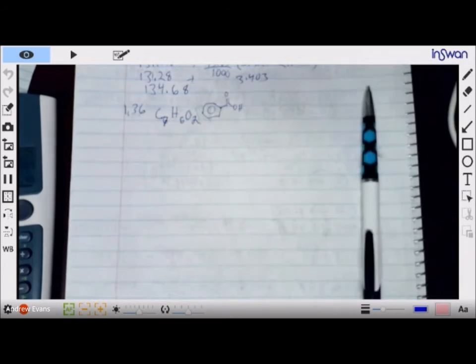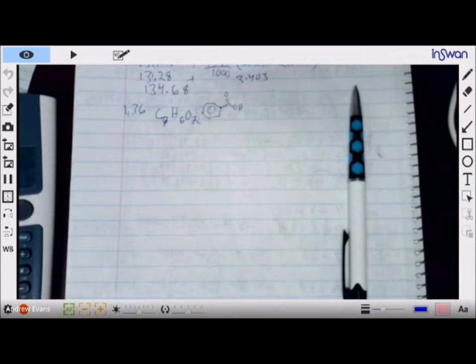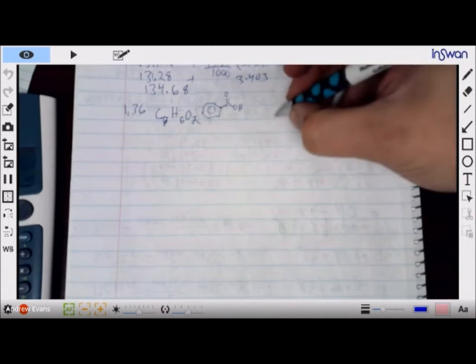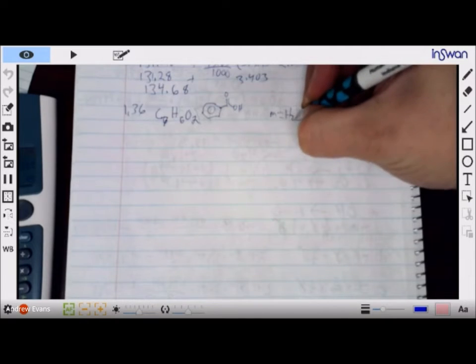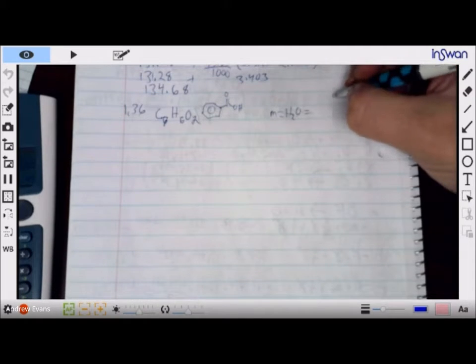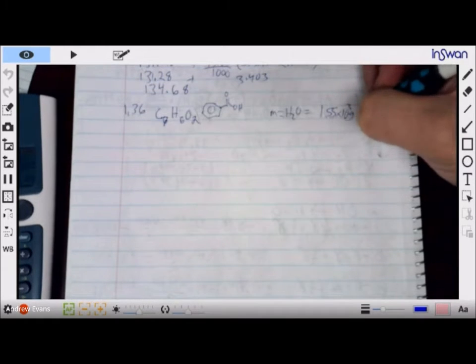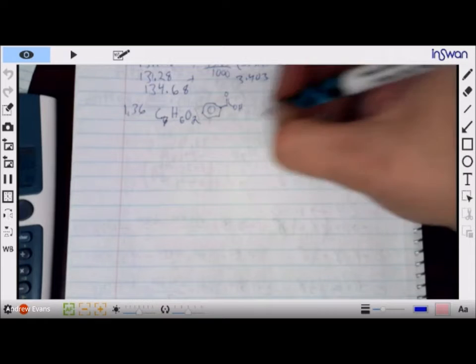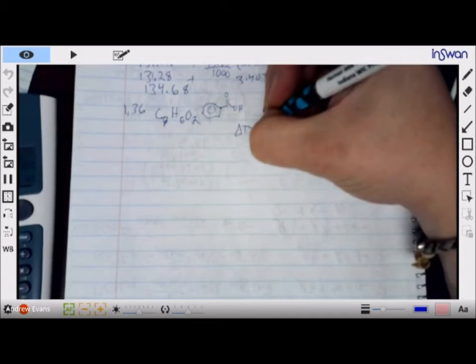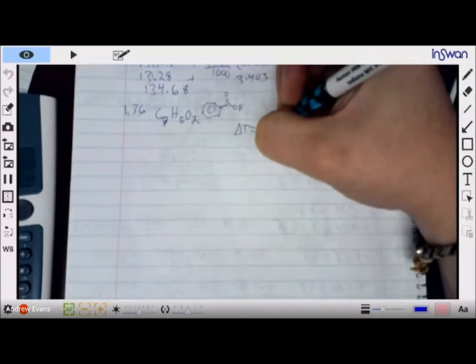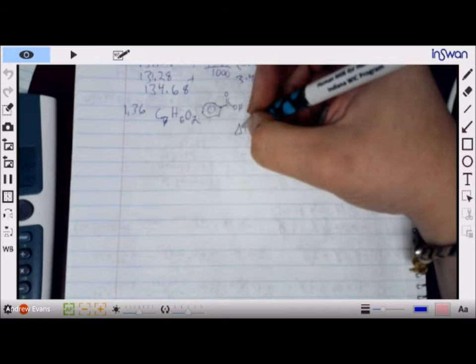Benzoic acid, C7H6O2, is reacted with oxygen in a constant volume calorimeter to form water, liquid, and CO2 gas at 298 Kelvin. The mass of water in the inner bath is 1.55 times 10 to the third grams. The temperature of the calorimeter and its contents, the delta T, is 2.76 Kelvin. Calculate the calorimeter constant.